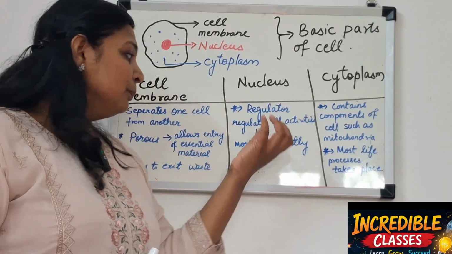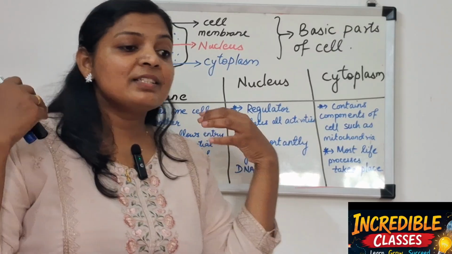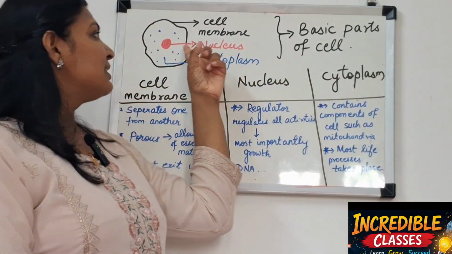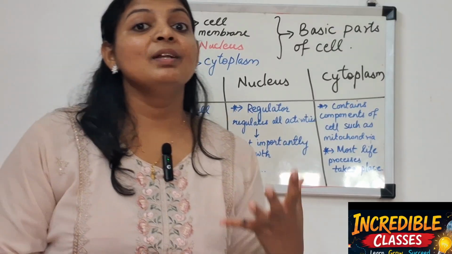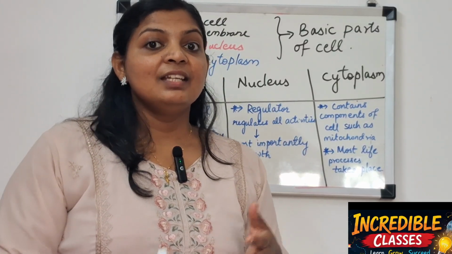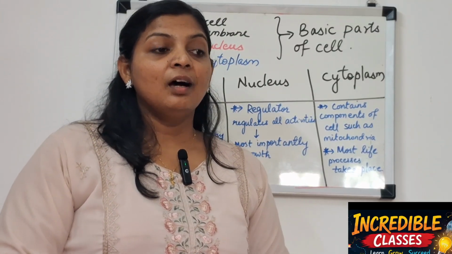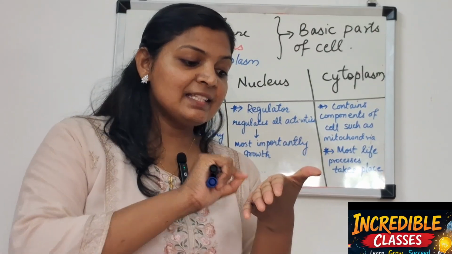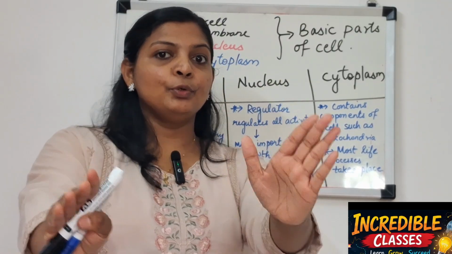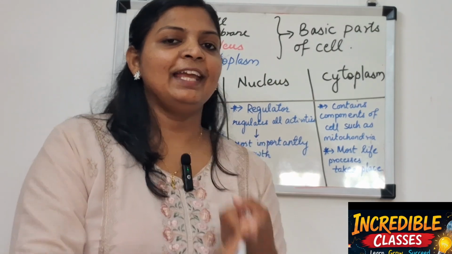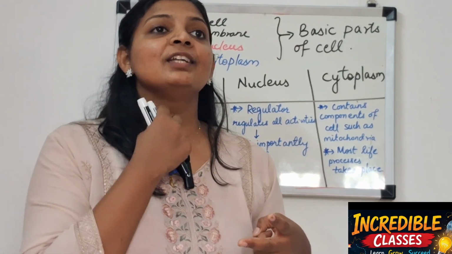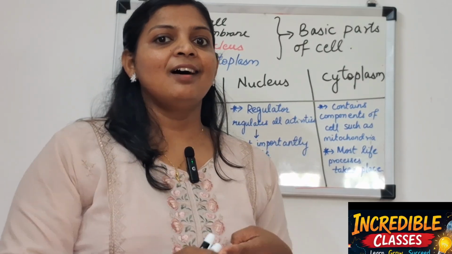Whatever is needed for our growth is regulated by this nucleus. DNA is like a transcript, or I would say a paper, which has all details about you: how your hair should be, how your eyes should be, how you should talk, what your voice is.